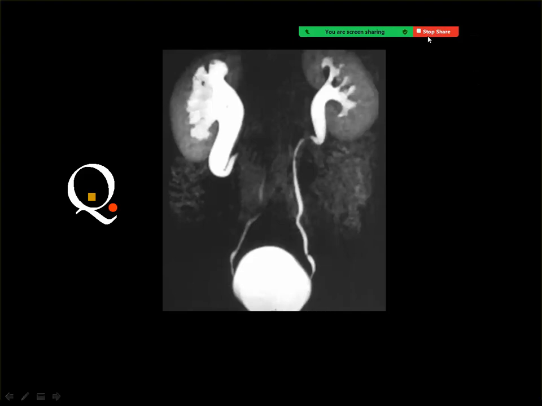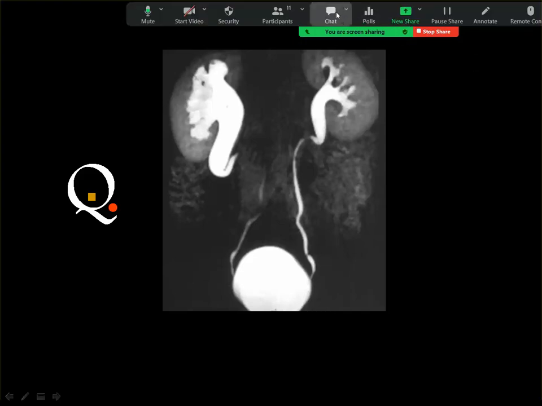Next case is an MR urogram of the kidneys, ureters, and the urinary bladder.